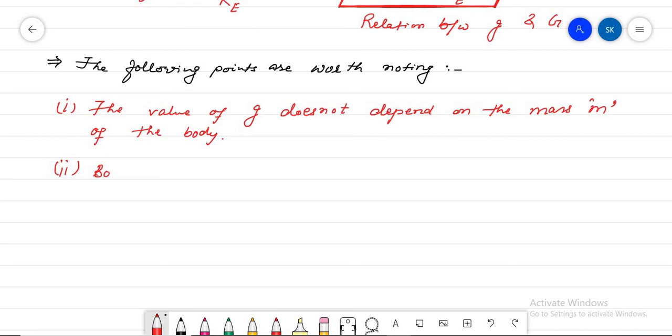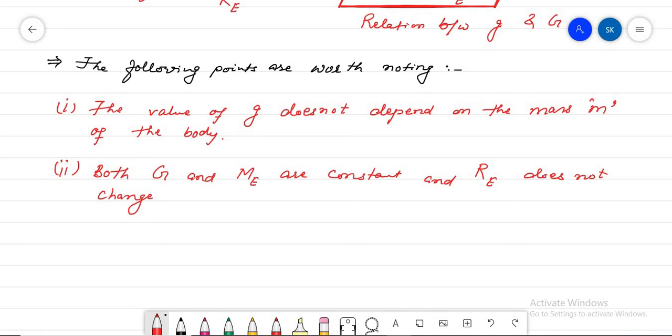Second point, both capital G and mass of earth ME are constant, and RE, the radius of the earth, does not change appreciably for a small variation in height near the surface of the earth.